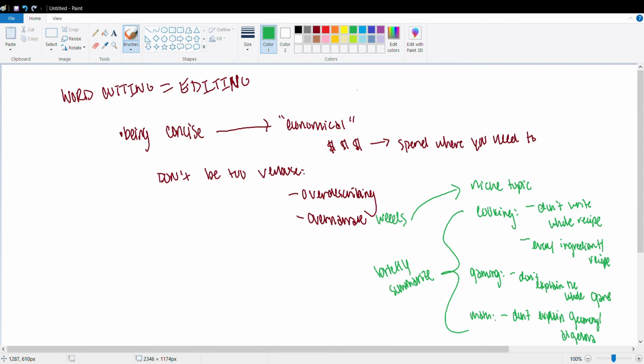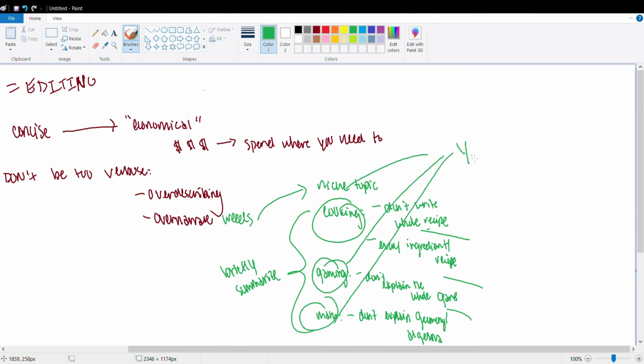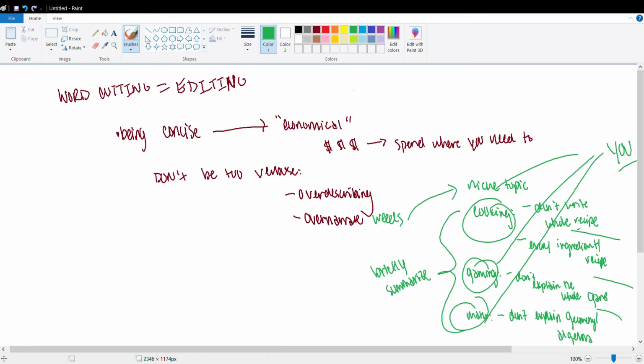You don't want to get into the weeds of the subject. You want to focus on the relationship of these topics to you, but you don't need to explain how they work. So that's one thing to look out for, making sure that you're not over narrating. Another area where people struggle a lot, the most common in terms of concision, is the setting.